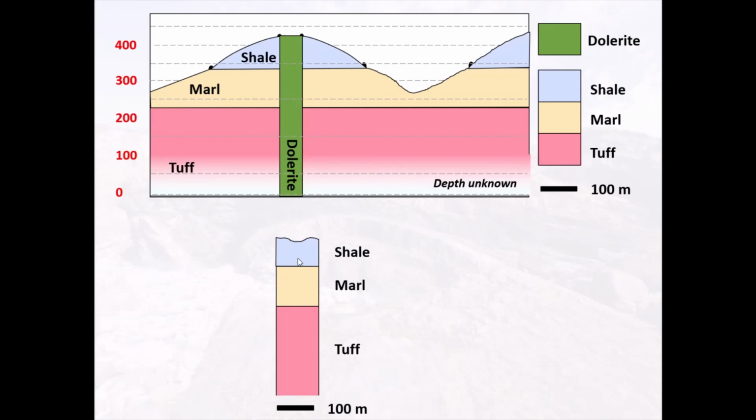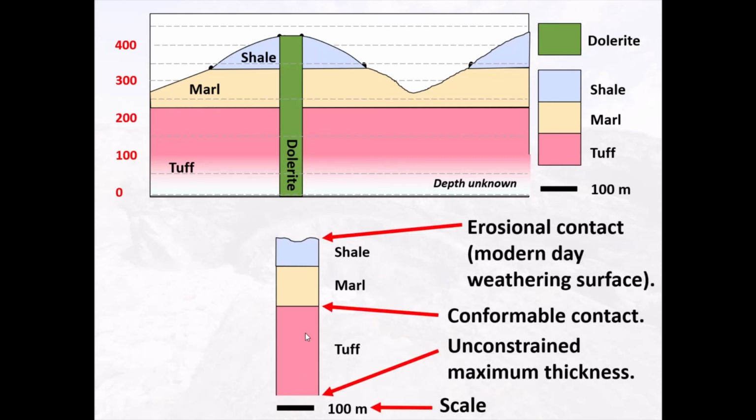We can show that the relationship between the shale, the marl and the tuff is conformable with a straight line, and we can show that the maximum thickness of the tuff is currently unconstrained by leaving it open. So erosional contact at the top, conformable contacts within our rock sequence, and an unconstrained maximum thickness, with a scale that allows us to understand what the real thicknesses of our rocks are in the map area.